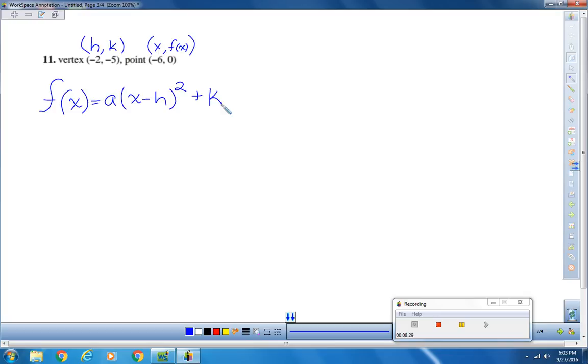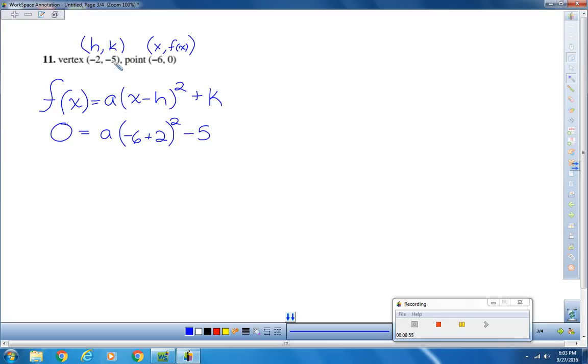So I'm going to substitute in my values. And hopefully we're getting a little bit better at this right now. We've got 0 equals a, and now we have x, which is negative 6, and recognize minus a negative 2. So that's plus 2 squared minus 5, because it's plus a negative 5 for k.